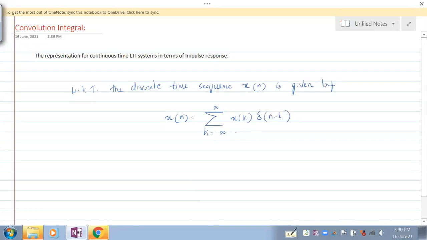Right? So this is how we express x of n. Understand? So this is in discrete time.